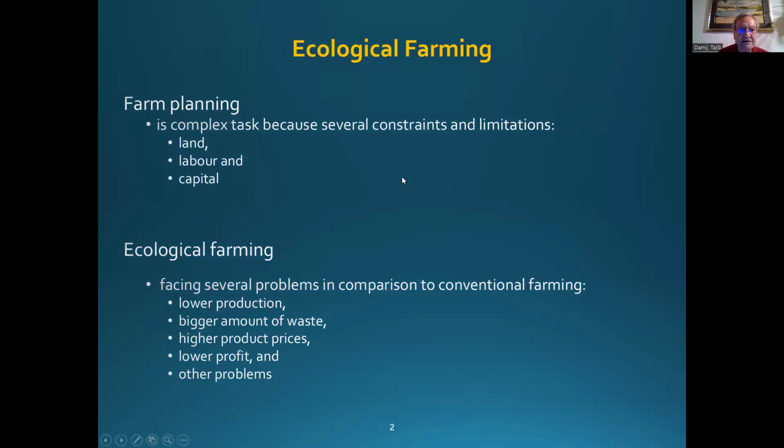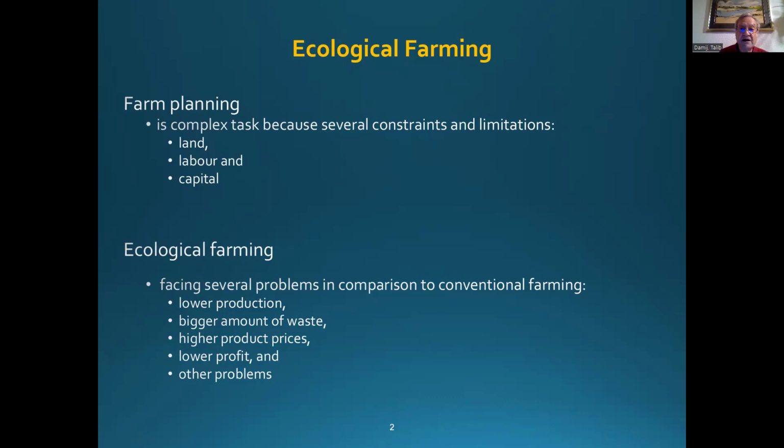Farm planning is a complex task because of several constraints and limitations in this field, such as land, labor, and capital. Land is an essential resource because there are different types of land that need to be wisely partitioned in order to plant different crops.